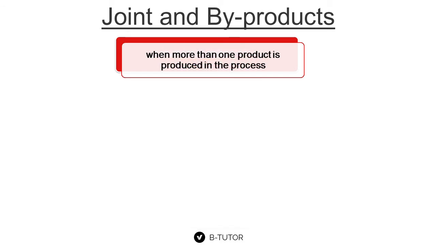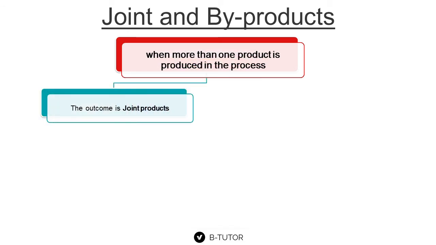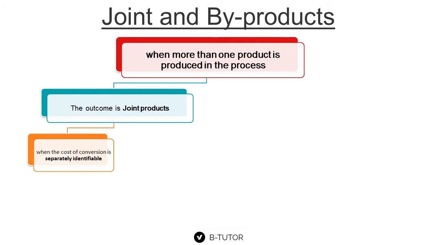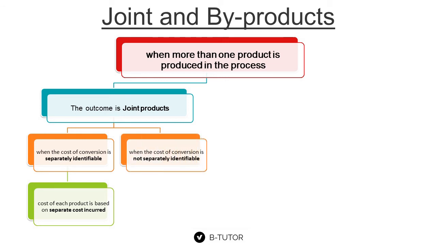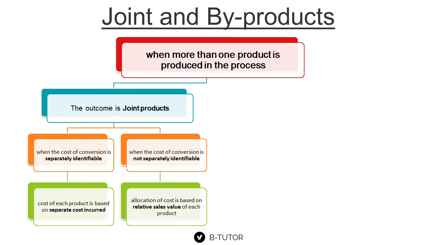Our next topic, measurement of inventories in case of joint and byproduct. When more than one product is produced in the process, if the outcome is joint products for which costs are separately identifiable, then cost of each product is based on separate cost incurred. Suppose if the outcome is joint product for which costs are not separately identifiable, then allocation of cost is based on relative sales value of each product.